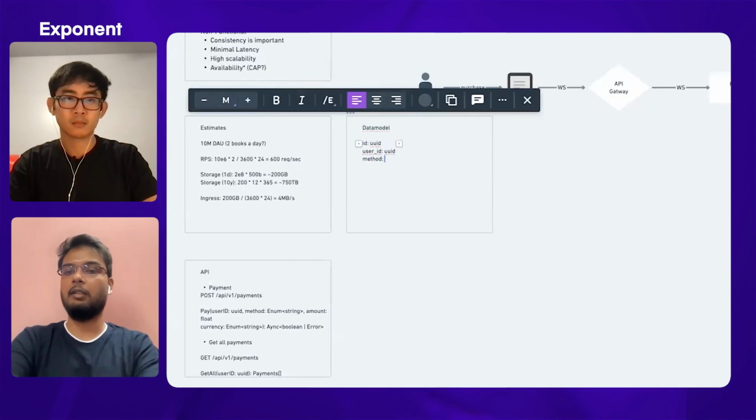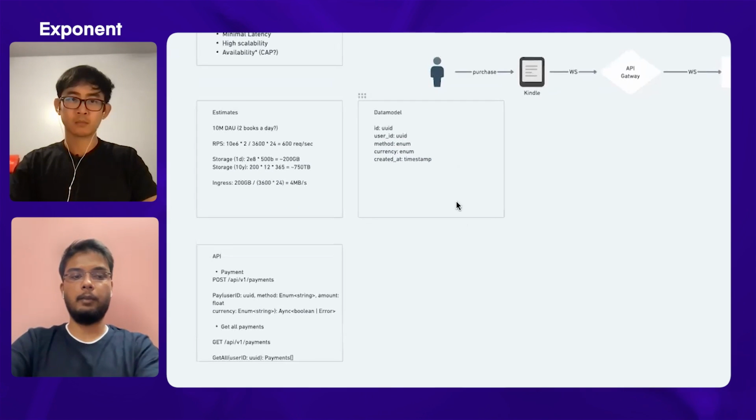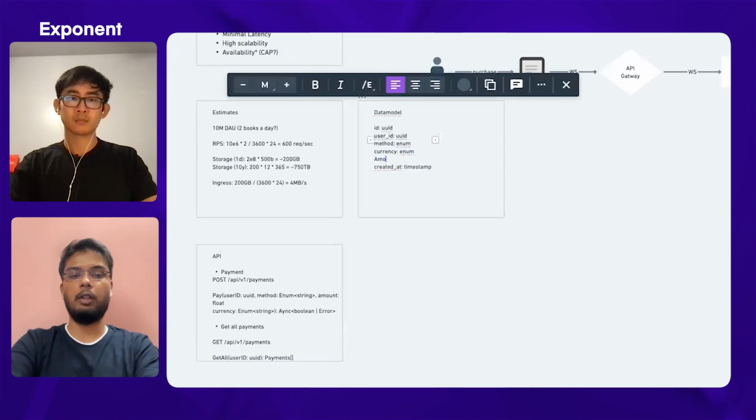This is the transaction record that I am envisioning storing. Then the amount, which would be coming from the payment service provider.